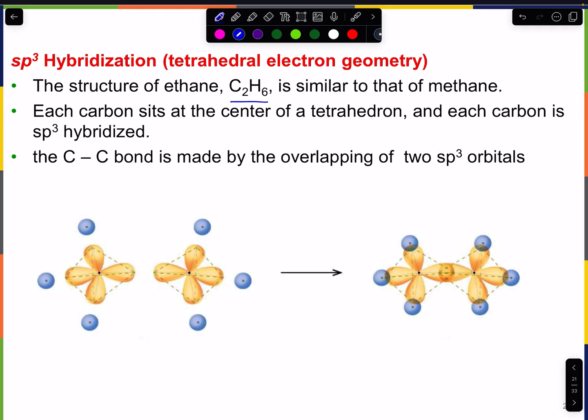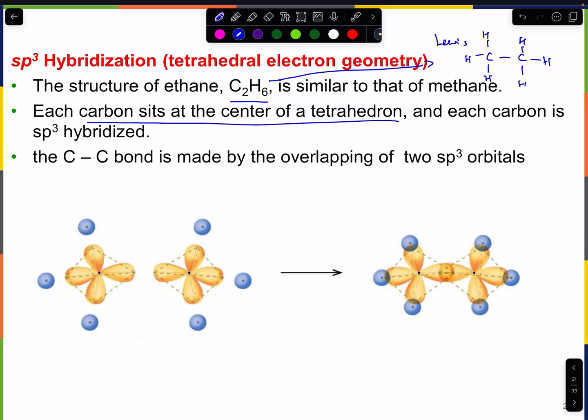The Lewis model for this will be something like, maybe we have the carbon atom here, the other carbon atom here, and then each one of these will be completing the 4 bonds with hydrogen atoms. Something like that. The electron geometry around each one of these carbon atoms is still tetrahedral.